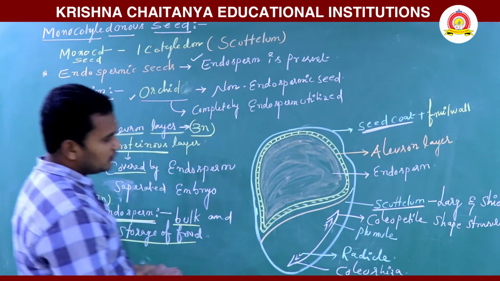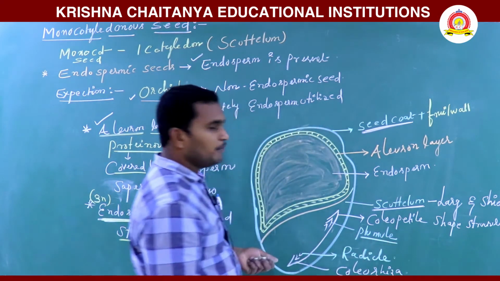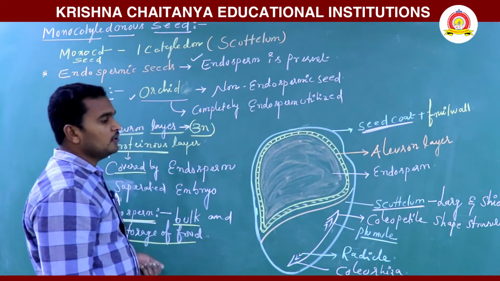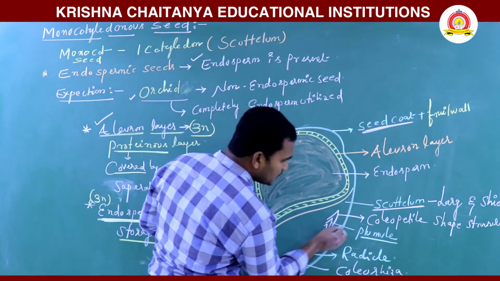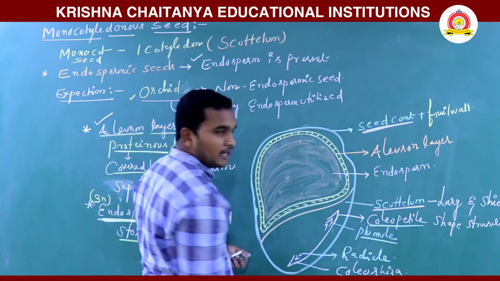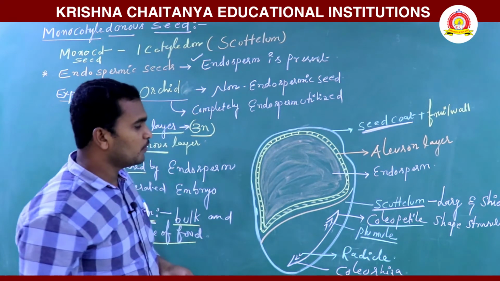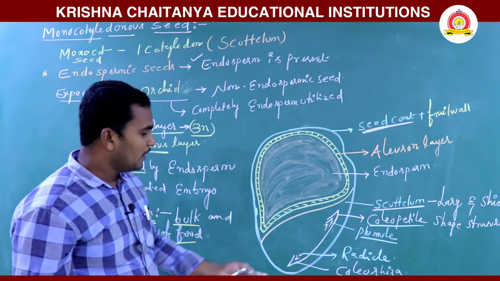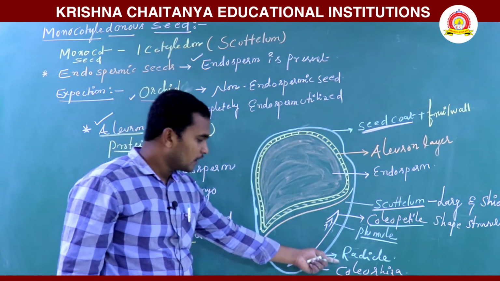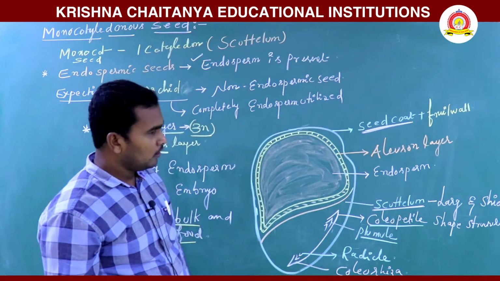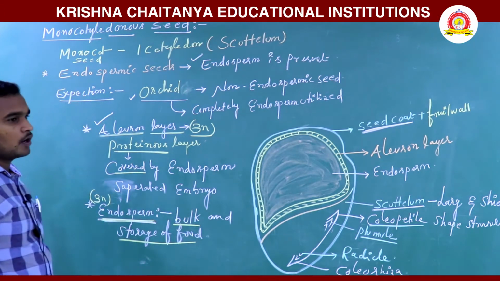Next is the plumule, which is surrounded by the coleoptile. The covering of the plumule is called the coleoptile, and the covering of the radicle is called the coleorhiza.